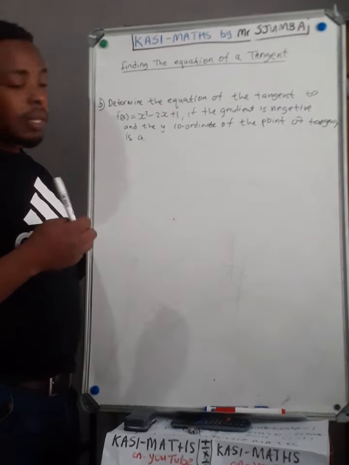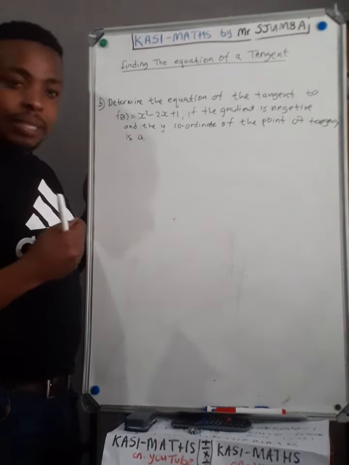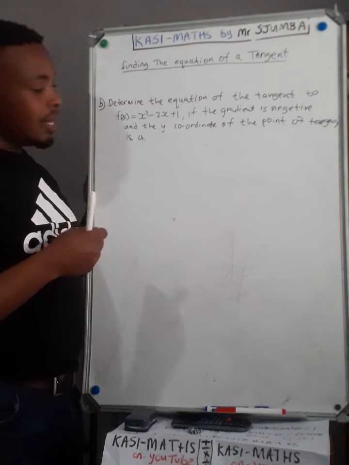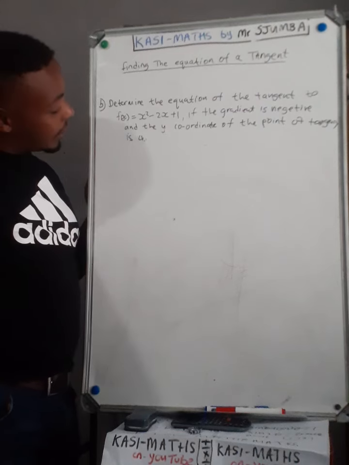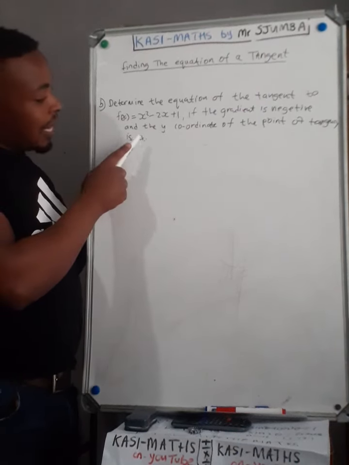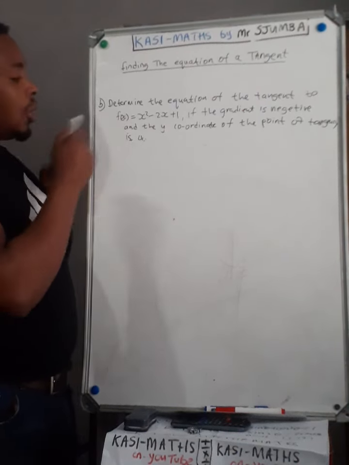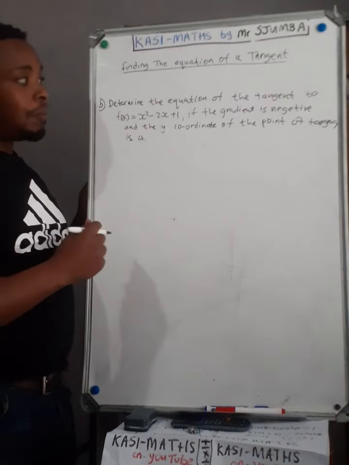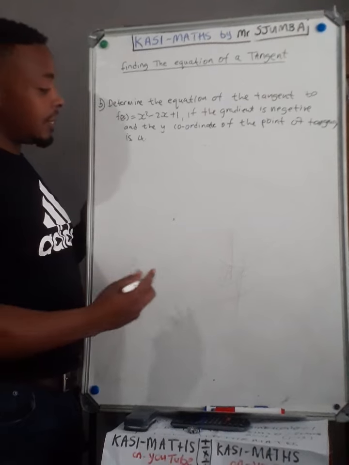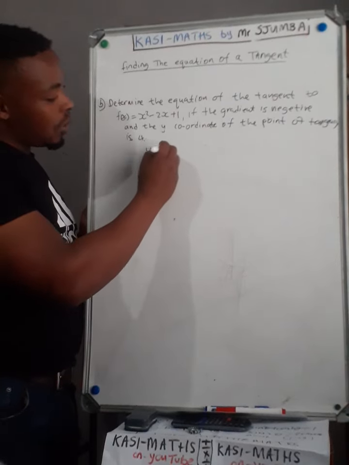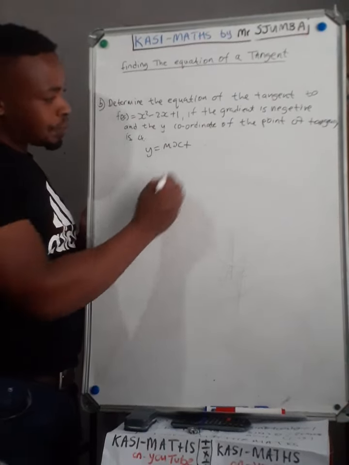In the first example we were given the x value where the tangent occurred, but now we are given the y. Because we're looking for the equation of a tangent, which is a straight line, y equals mx plus c.